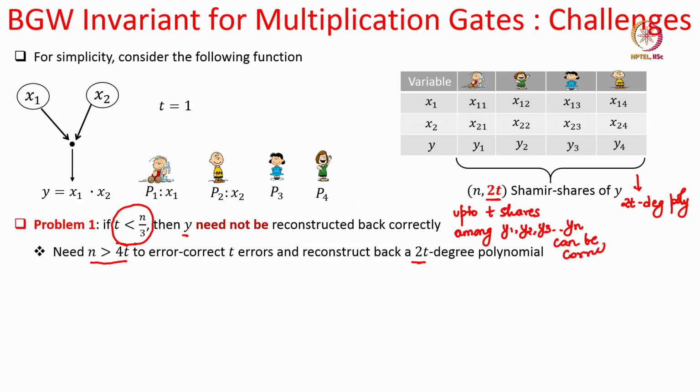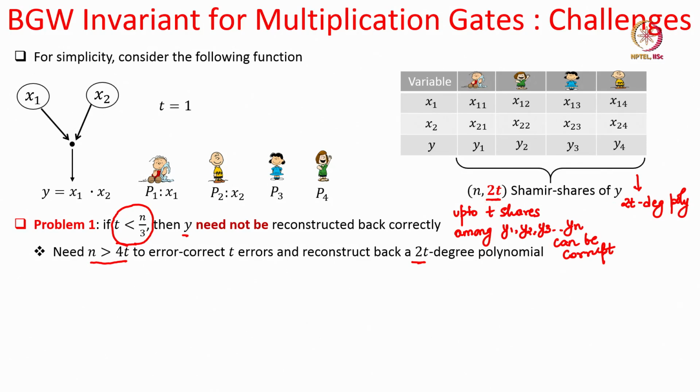For the purpose of demonstration we have taken t equal to 1, that means 1 out of these 4 shares can be corrupt. Which share is corrupt we do not know, because we do not know the identity of the corrupt party. So, with the help of 4 shares among which one is corrupt and such that the shares lie on a 2 degree polynomial, we will not be able to recover back the value y.